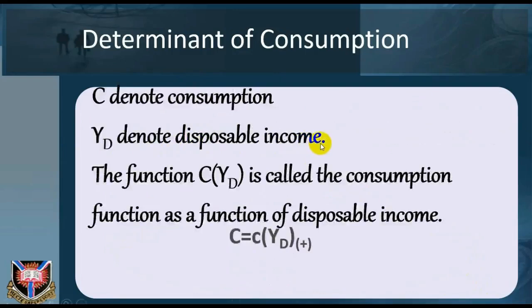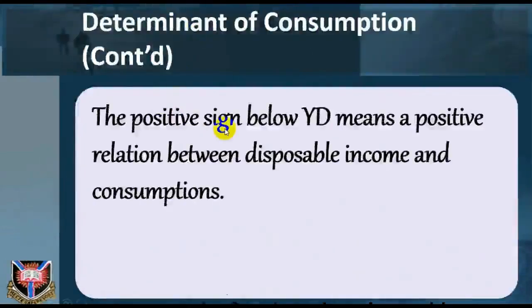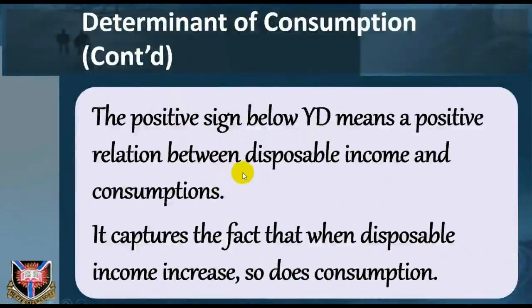We can write C equals C(YD). This is just a formal way of stating that consumption is a function of disposable income. The function C(YD) is called the consumption function. The positive sign below YD means a positive relation between disposable income and consumption.